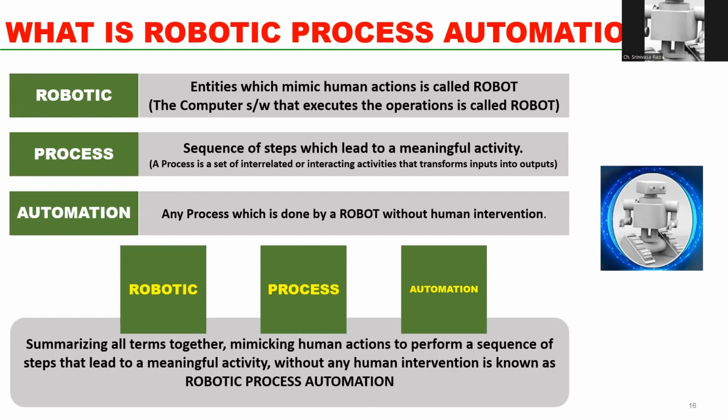Automation is any process which is done by a robot without any human intervention. If we sum up all these things, mimicking human action to perform a sequence of steps that lead to a meaningful activity without any human intervention is robotic process automation.